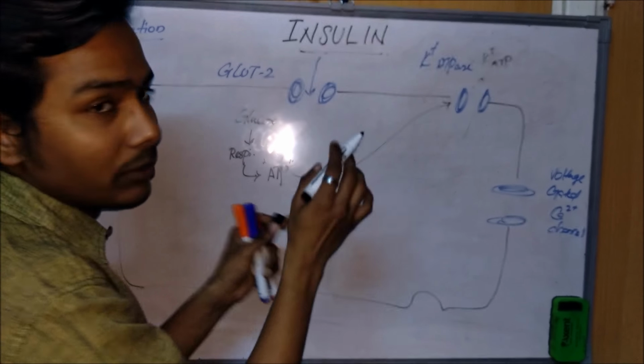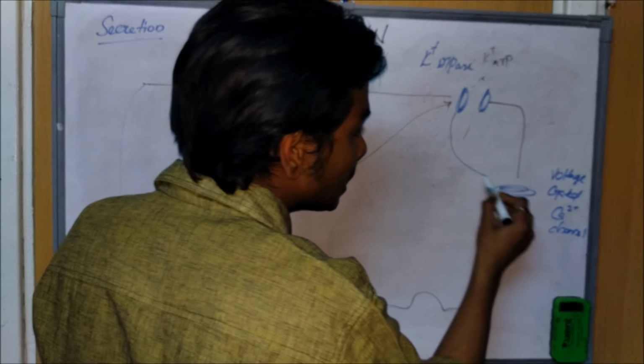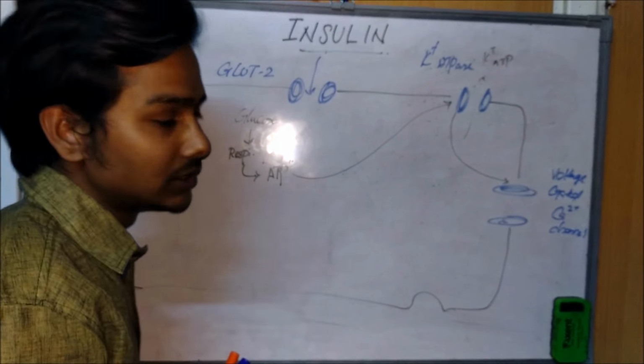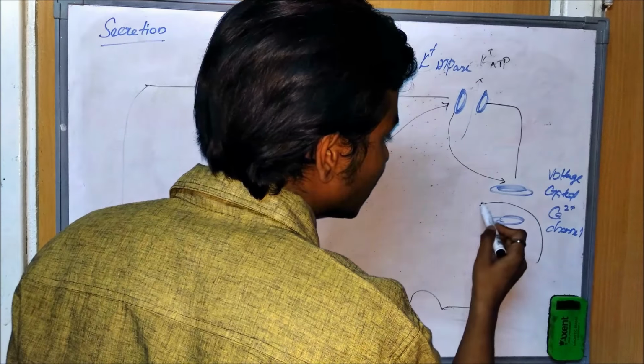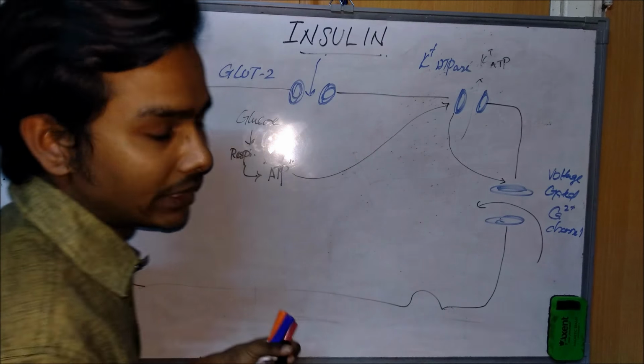By the depolarization, the voltage gated calcium channel opens, and calcium from outside the cell enters the beta cells. This is the influx of calcium.